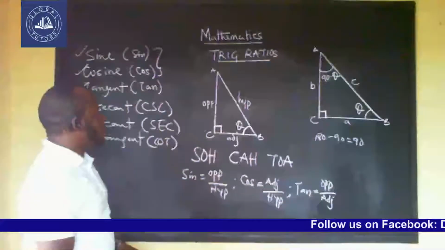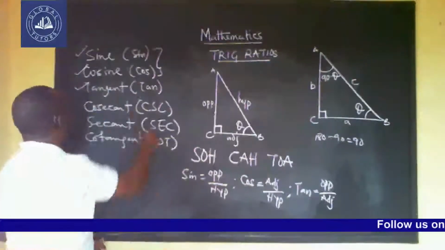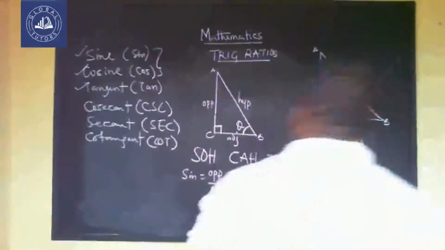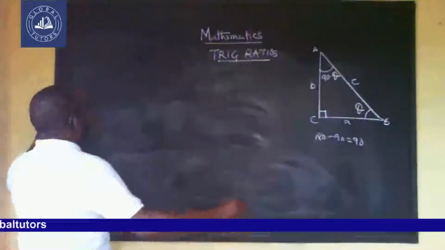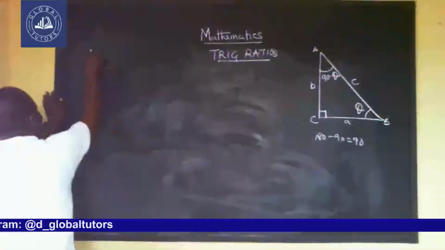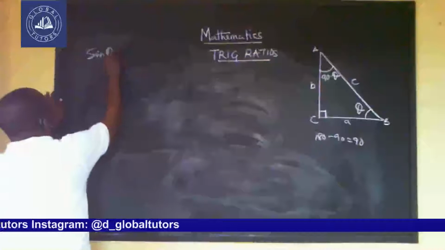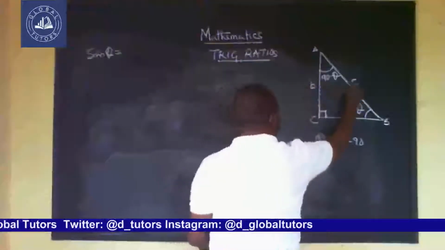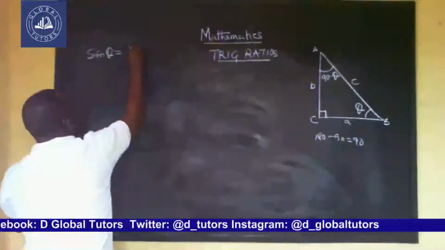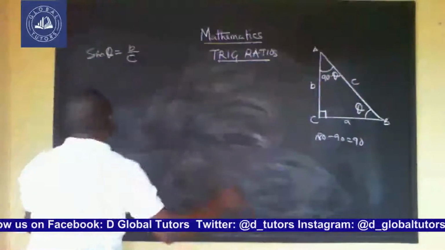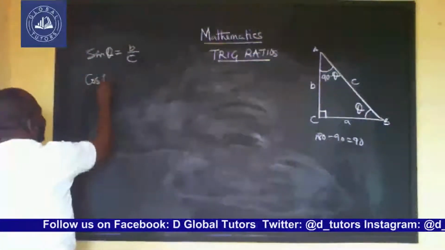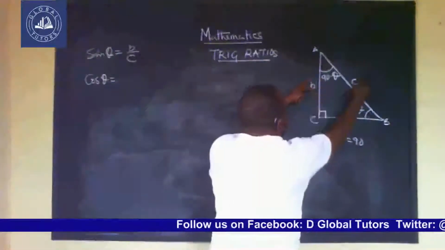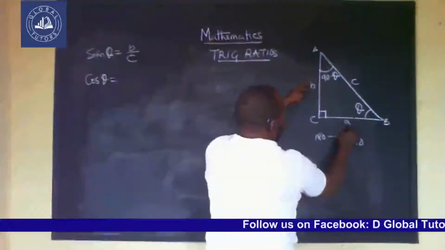Now, let's see the relationship between sine and cosine. So now, if we consider sine theta, remember we said sine is opposite over hypotenuse. If we consider cos theta, to this angle, this is opposite. This is hypotenuse, so this is adjacent.